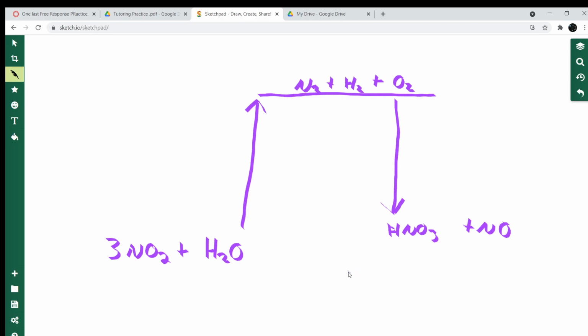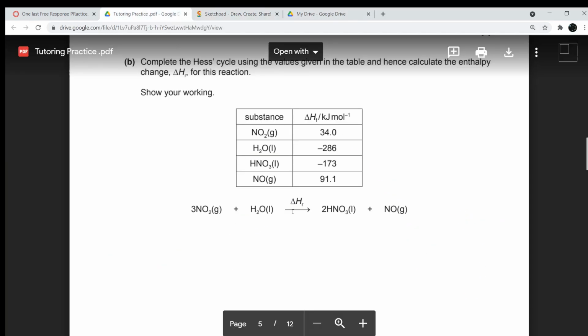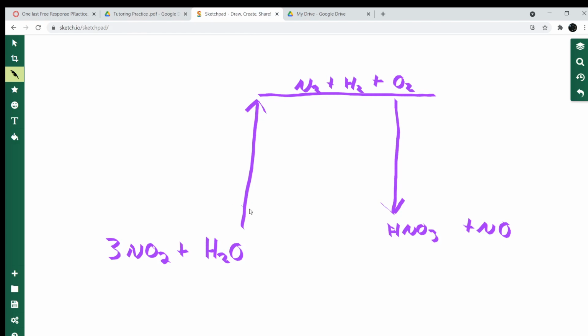All right. Oh, we also have to make 2. We know the amount of energy that it takes to go from here to here and from here to here. What we're going to do is take the enthalpy of formation of our products, and those are all going to be our regular positive values.